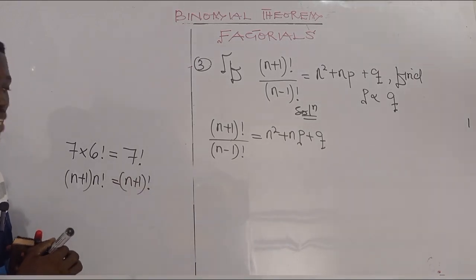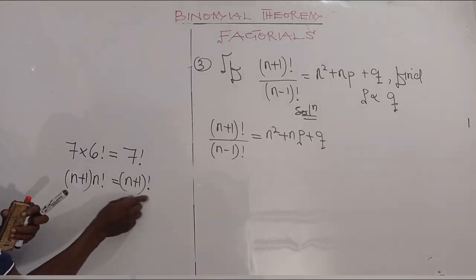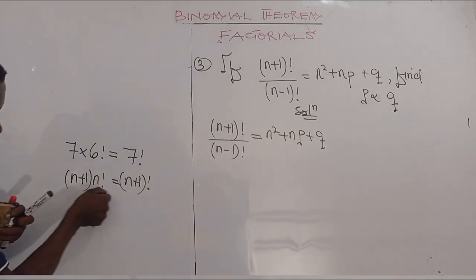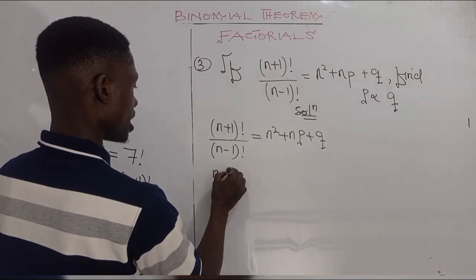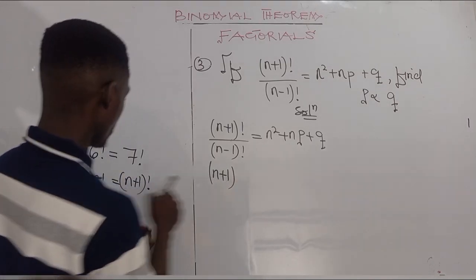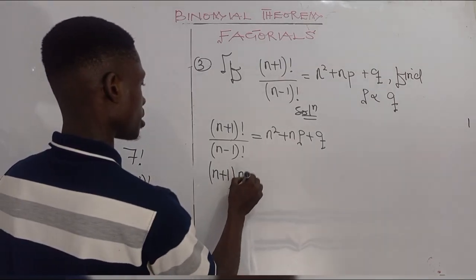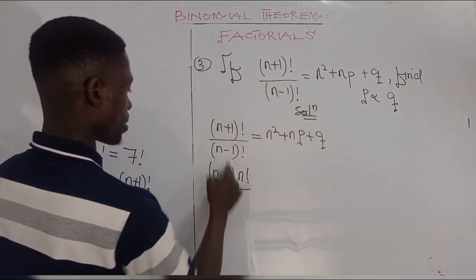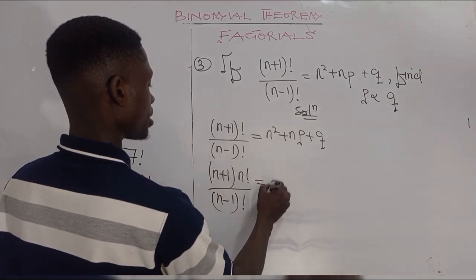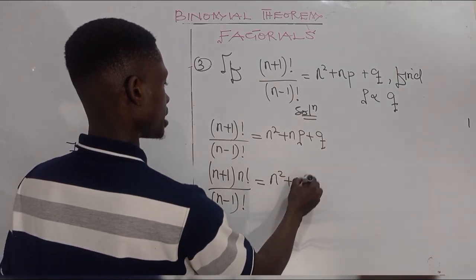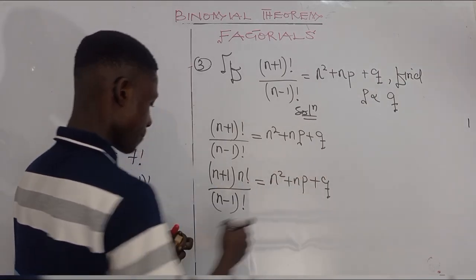Do you agree with me? If that is the case, then in place of this, we are going to write this. So we are having n plus 1 times n factorial, and then we have n minus 1 factorial, which is equal to n squared plus np plus q.